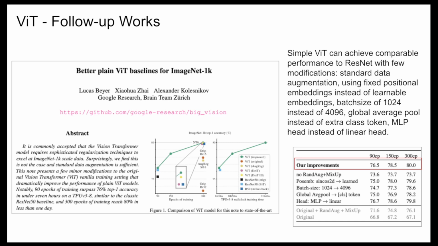You can see on this graph that by making the changes, you can actually improve ViT on ImageNet 1K.